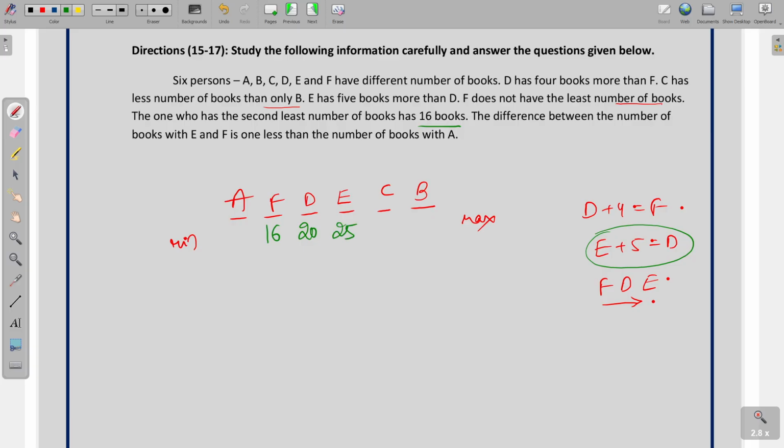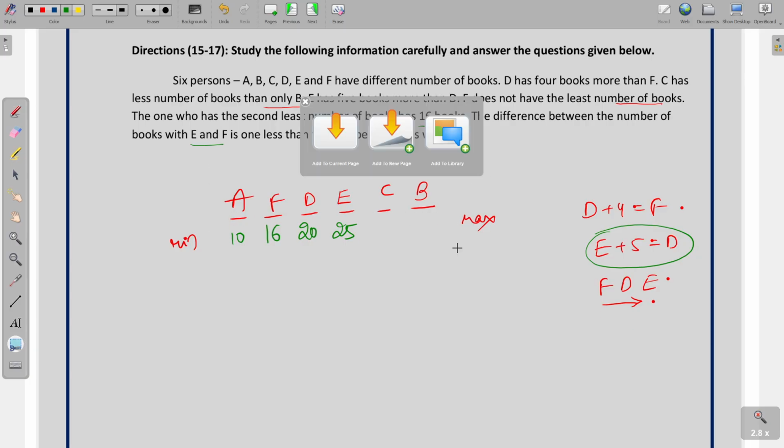The difference between the number of books of E and F is 9, which is 1 less than the number of books with A. So A has 10 books. So A has 10 books, B 16, D 20 and E 25. It is the final arrangement of the puzzle.